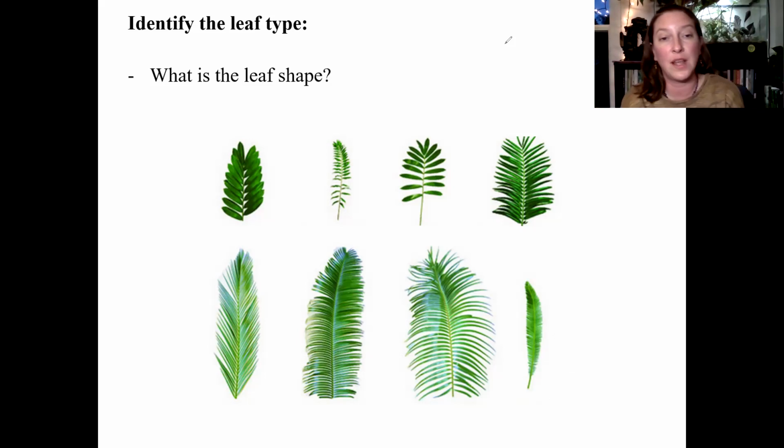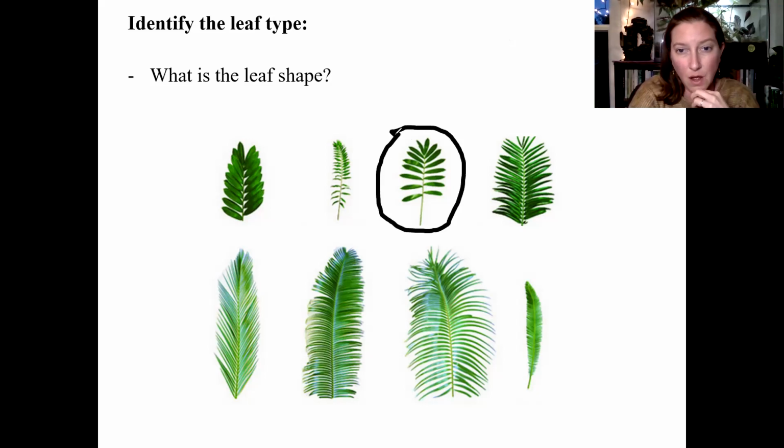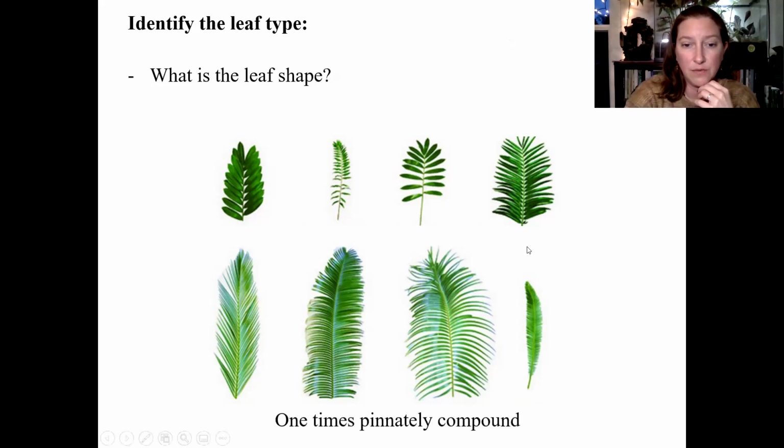And then we learned that depending on how many divisions you have on a pinnately compound leaf, you can call it different things. So maybe let's look at one that's easier. Like this one, it's easier to see what's going on. This looks like a single thing, 1 division. And so 1 times pinnately compound leaf.